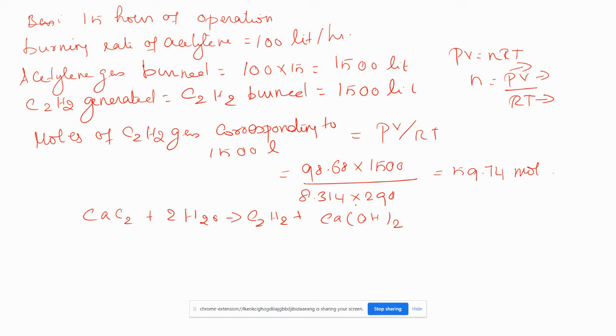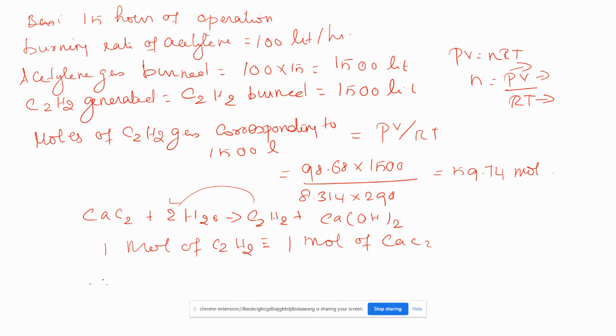Now we should know how much CaC2 is reacted. For that, we should write the relationship between C2H2 and CaC2. So 1 mole of C2H2 is equivalent to 1 mole of CaC2.